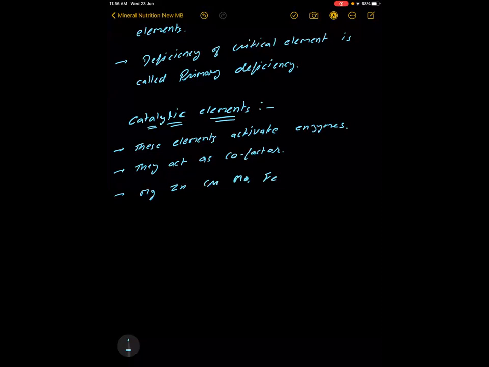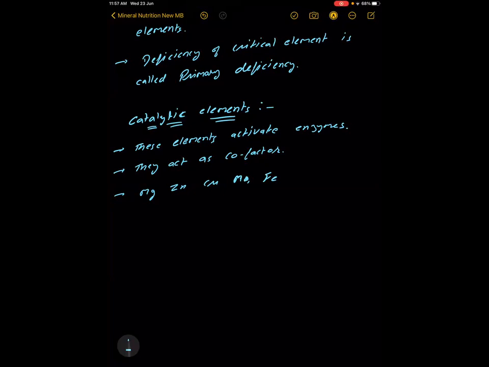So copper and zinc are activators of enzymes. Magnesium, zinc, copper, iron, molybdenum are examples of catalytic elements.